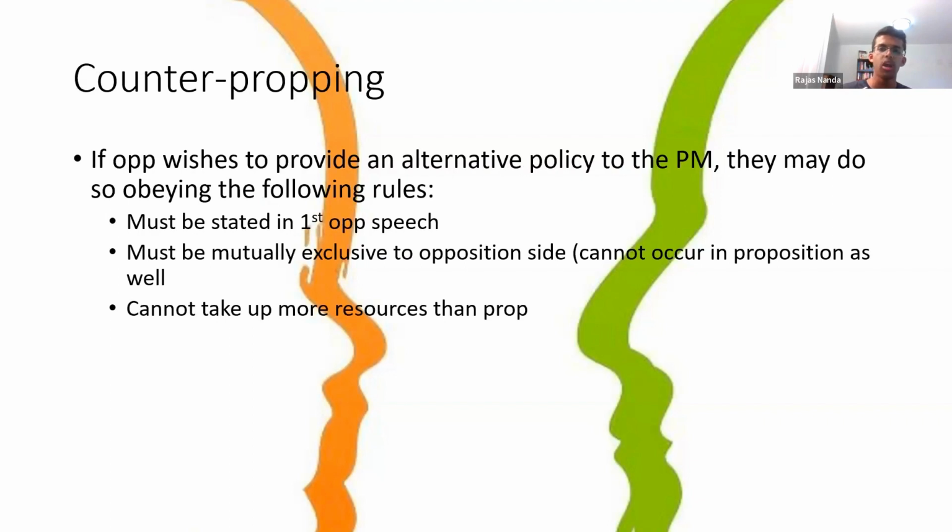Counterpropping, I won't spend too much time on this because it rarely happens. But what this basically means is the government team gives their model, and then the opposition team is allowed to do counterpropping and say that maybe the government's model is somewhat unreasonable, or maybe it's not that fair for the opposition side.